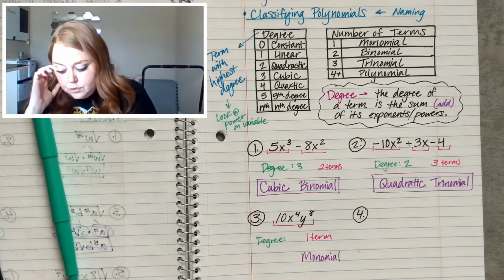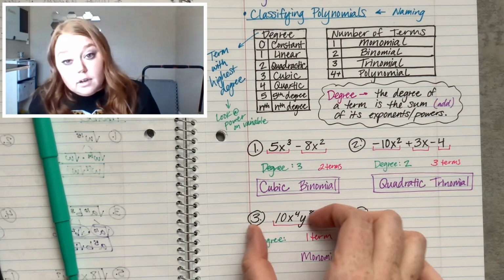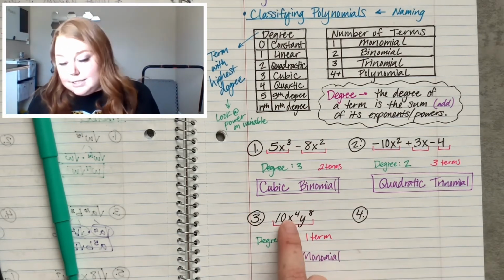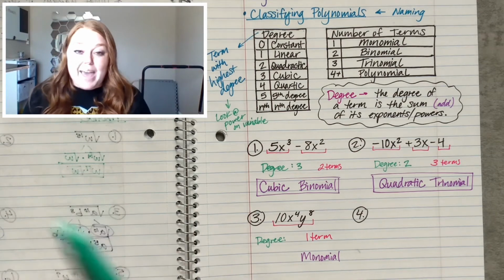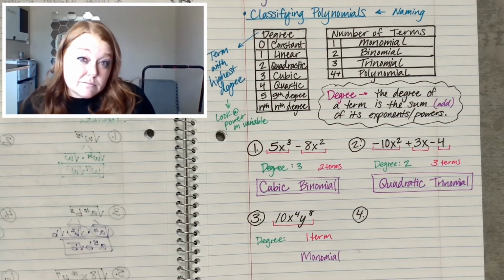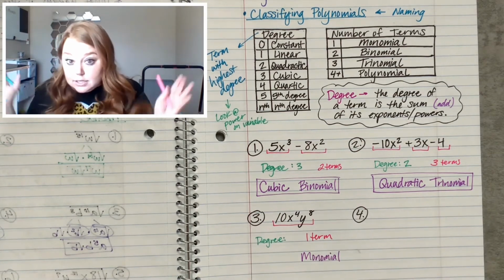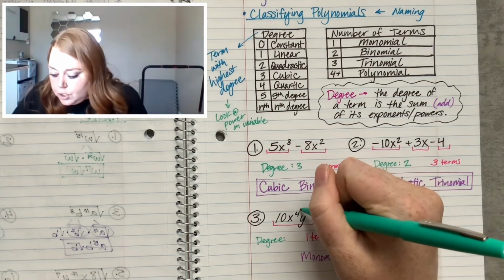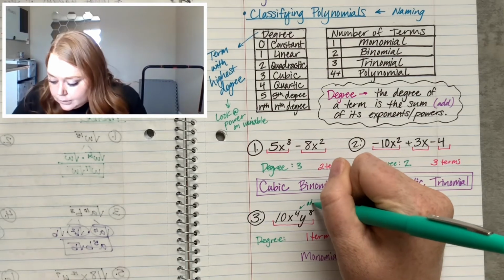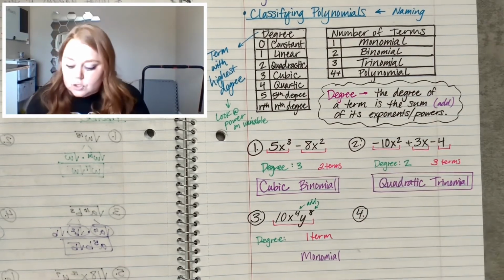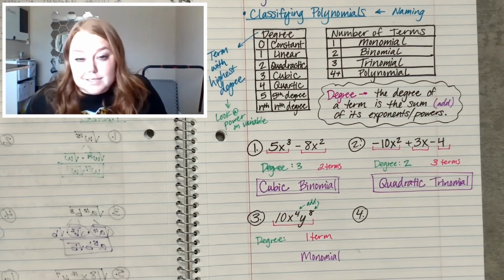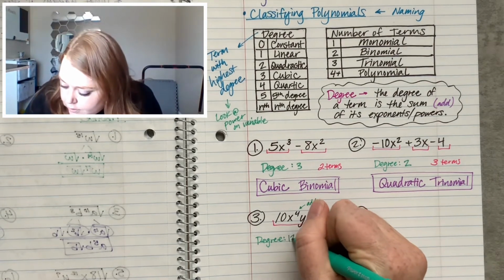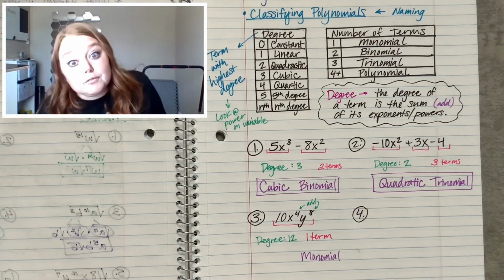When we're trying to figure out the degree on a term like this that has several variables, you end up adding the powers, okay? Since these are together in one term, and it's only because they're together in one term, you actually end up adding the powers. So you add 4 plus 8, and you get a degree of 12.